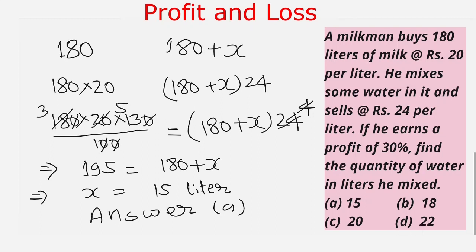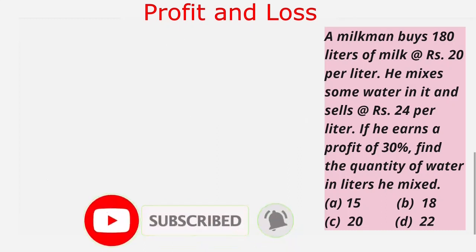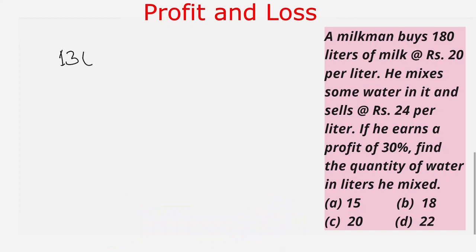Now we solve it by the shortcut method. Let the quantity of milk be 100, then he is receiving the value for 130 liters because he is making 30% profit. As the purchase cost is 20 and the selling price is 24 per liter, and 24 is 120% of 20, if the milk was 100, then he was receiving the money for milk as 120, 20% on 100.